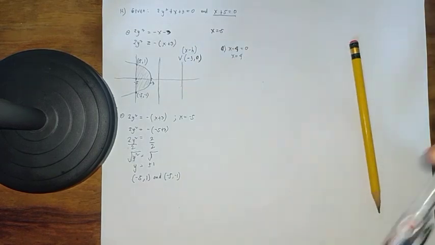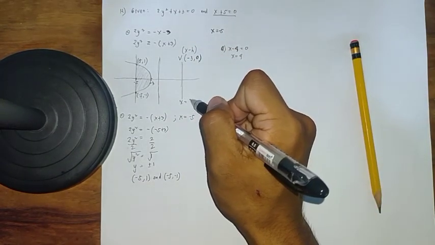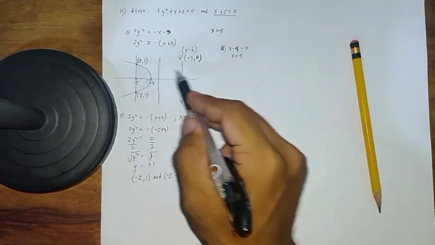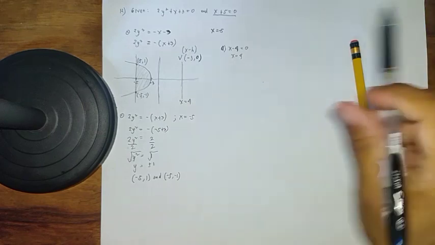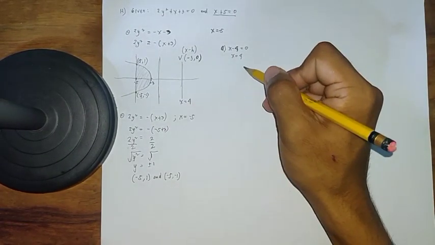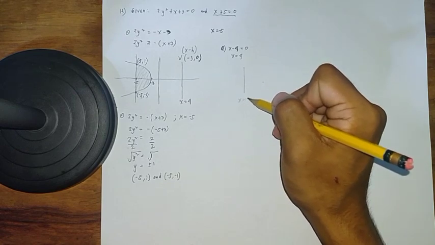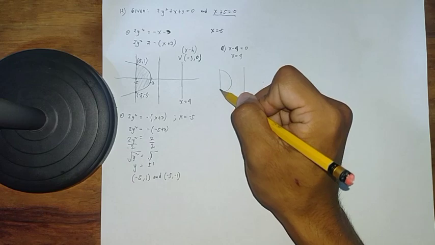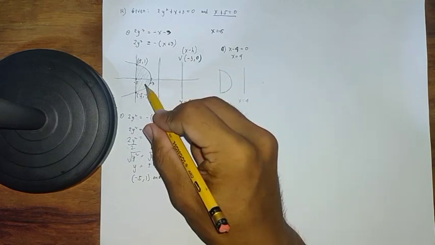So, ito yung x equals to 4 natin. So, kapag i-rotate natin siya dito sa x equals to 4, magiging ganito yung itsura niya. Then, ito yung bounded region na nakuha natin dito na part.